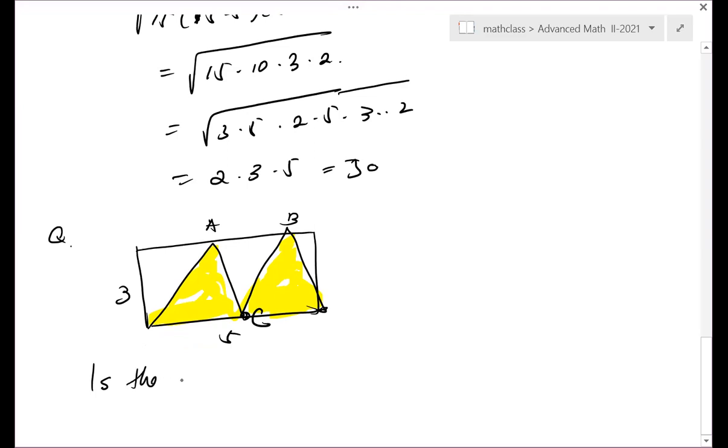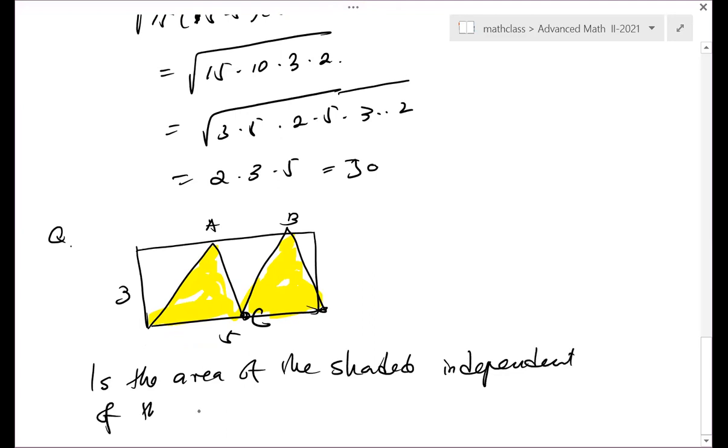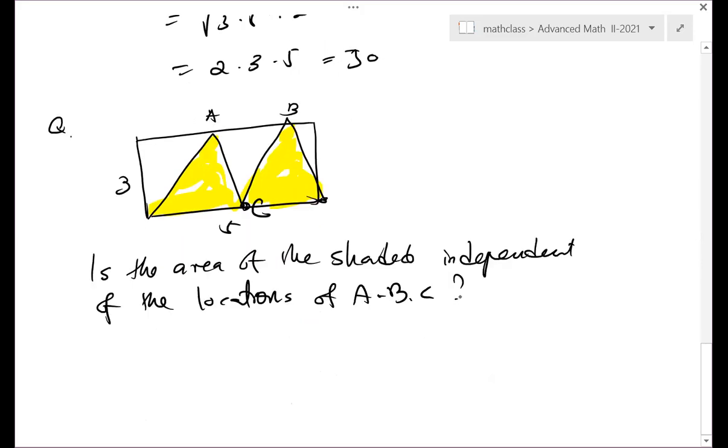Question: is the area of the shaded region independent of the locations of A, B, and C? When you move the points A, B, and C, you change the shape of the yellow shaded region, but do you change the area too?